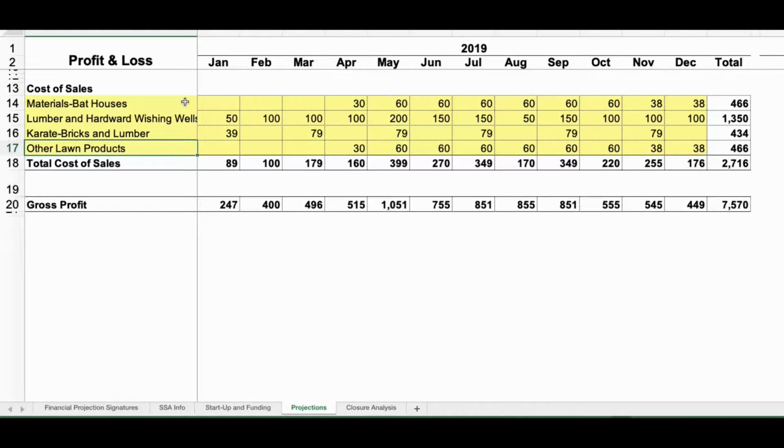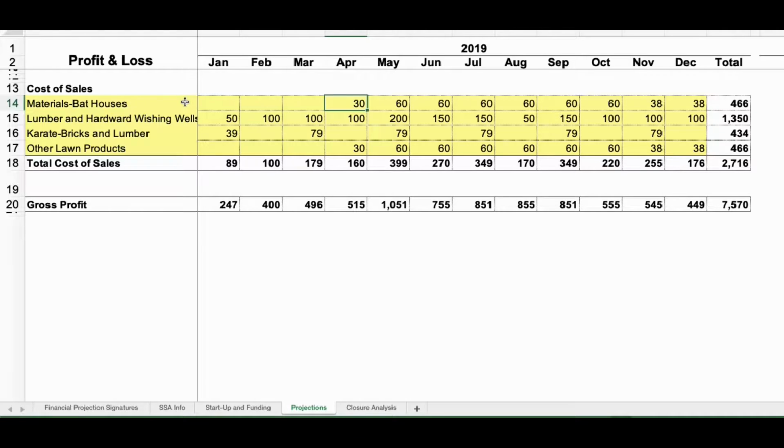So you see cost of sales for the materials that are going to go into the bat houses, the lumber and the different hardware that's going to go into the production of the wishing wells, the bricks and the lumber that go into the karate fixtures, and finally, the cost of materials and raw goods that are going to go into the different lawn products that he's making. And again, these vary depending on the product or service line. So it's not the same for everything.